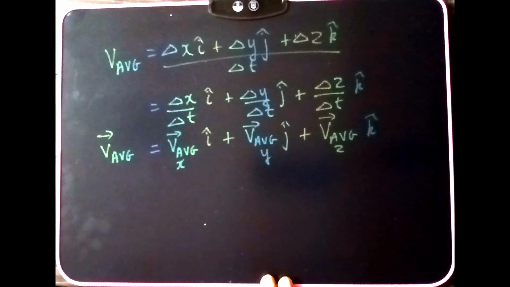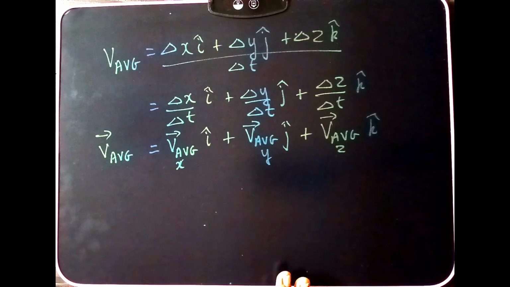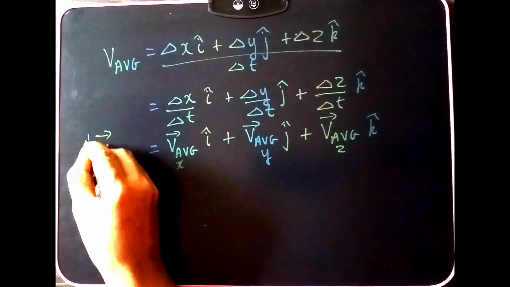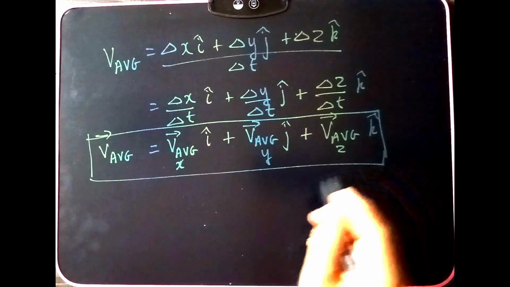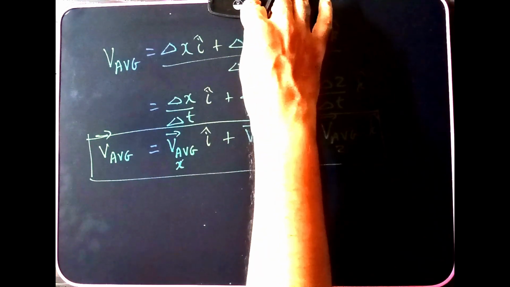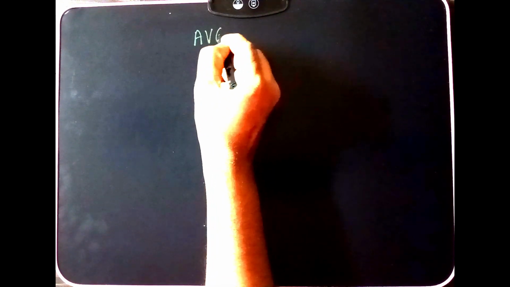So if you may permit me, I will clear this slate and proceed to the next part, that is average speed. If you have noted it down, let me proceed. I'll clear this now. Now we'll talk about average speed.